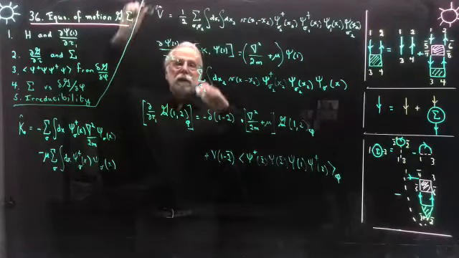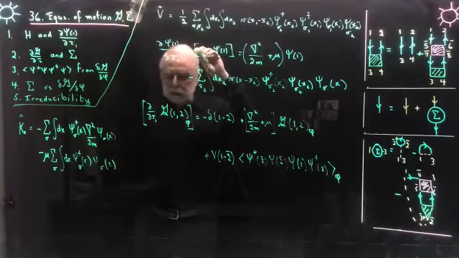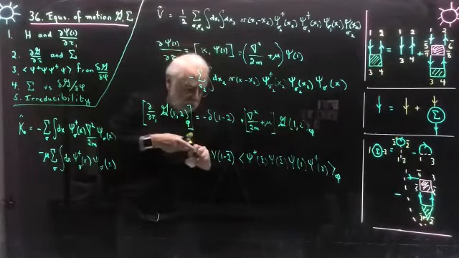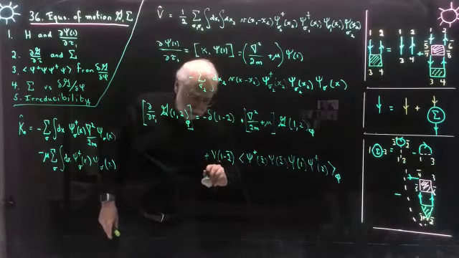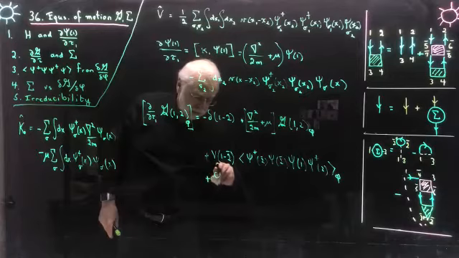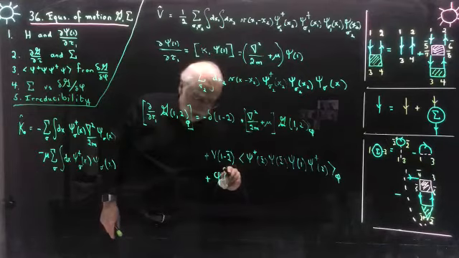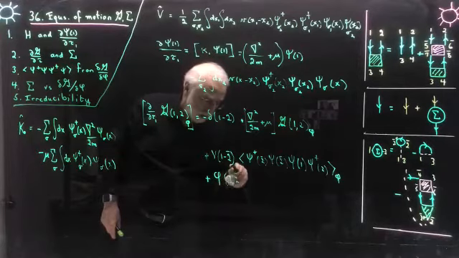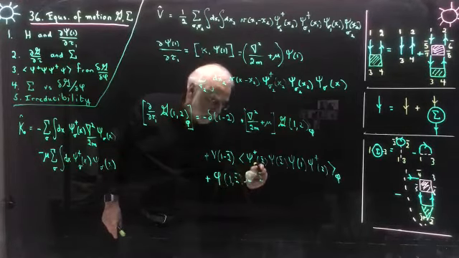And the result will be that here we will get plus, I don't remember if it's plus or minus, you get plus of phi 1 2 bar G of 2 bar 2.